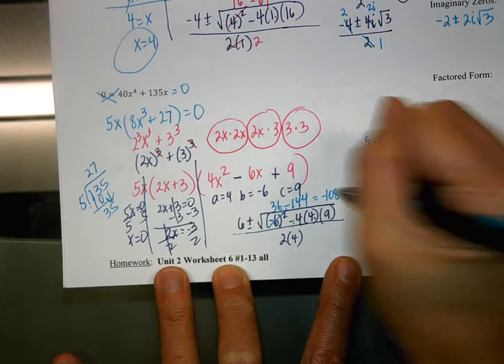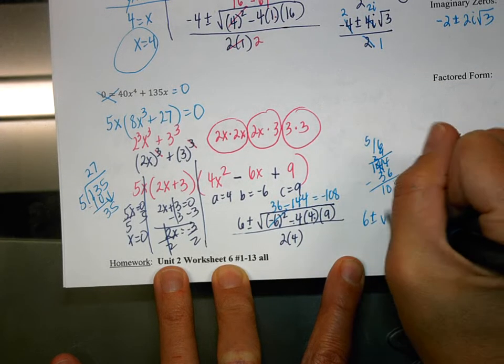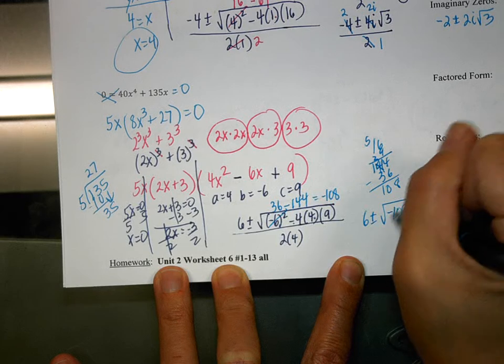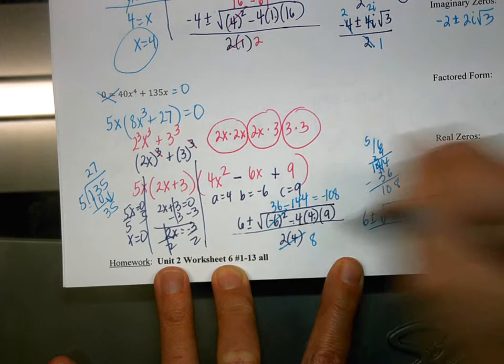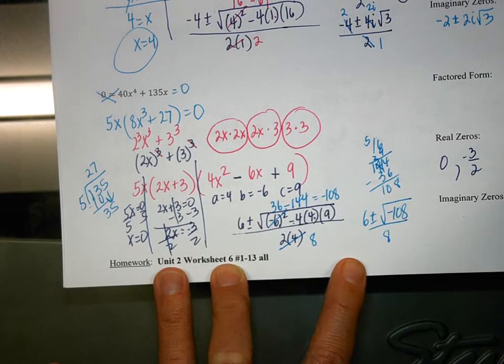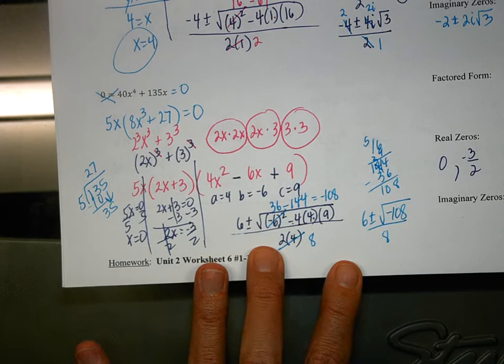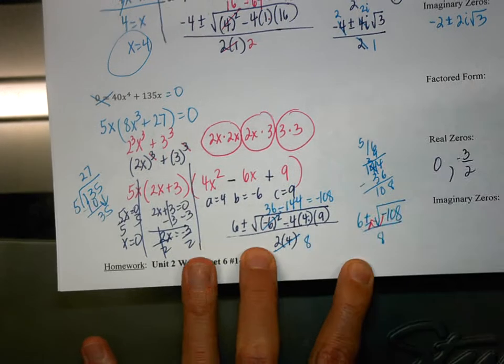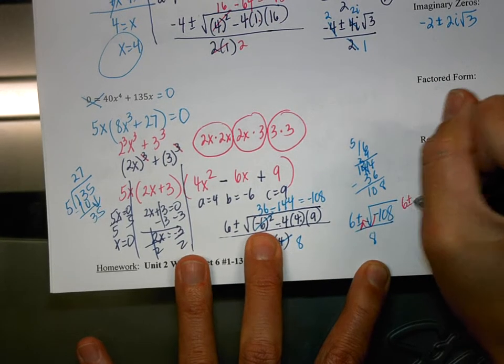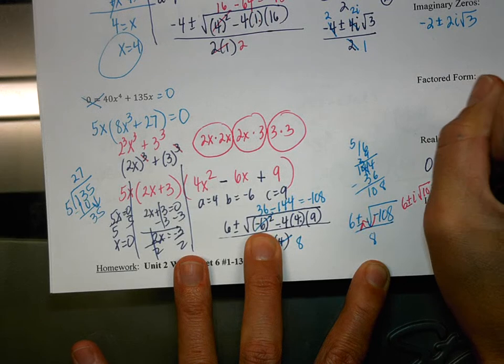So 6 plus or minus the square root of negative 108, all divided by 2 times 4, which is 8. Anytime we have a negative under a root, we take it out. So that is 6 plus or minus i root 108 all over 8.